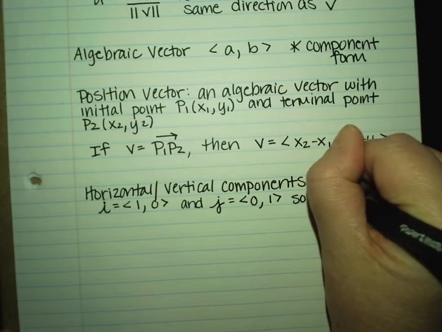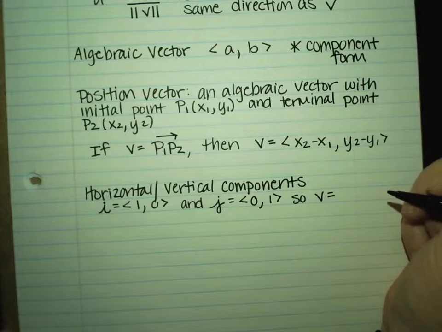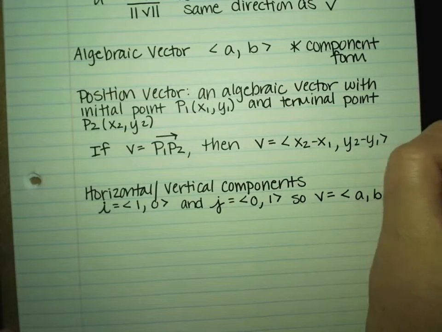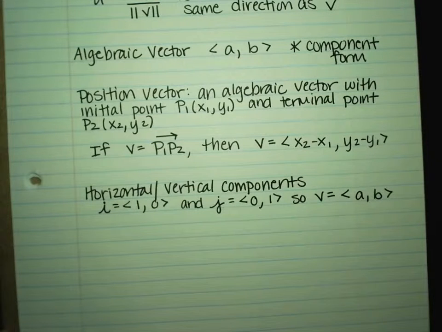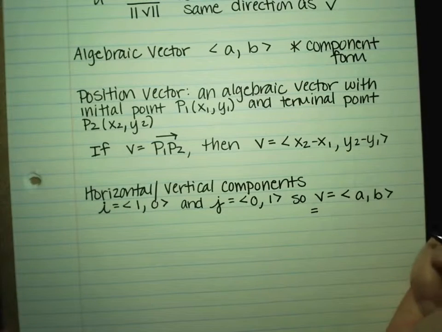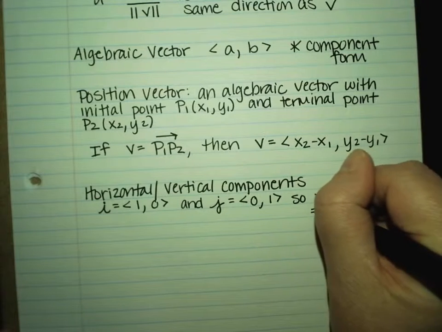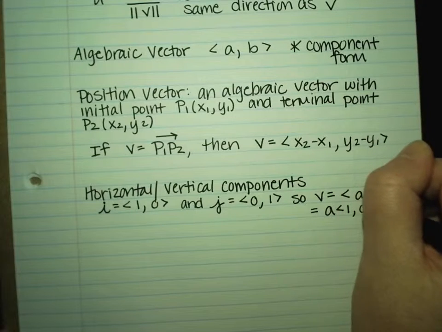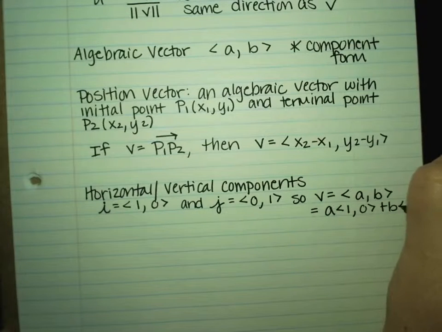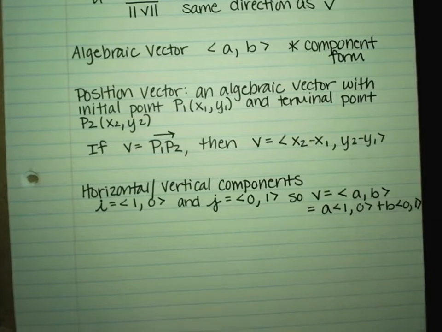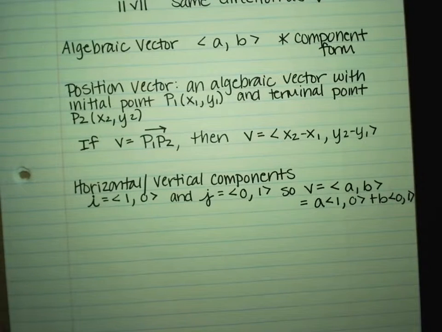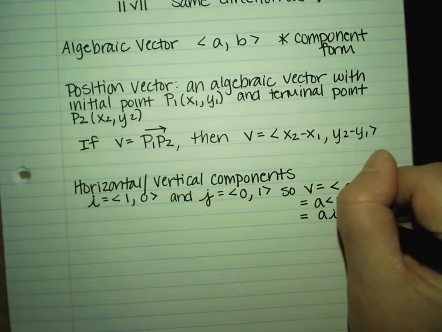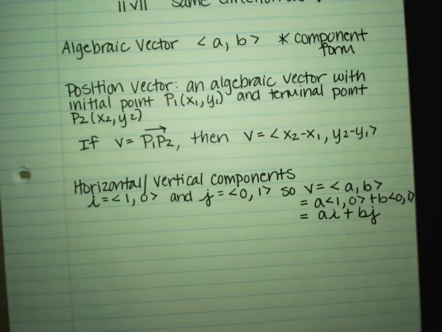So V is equal to A times 1, 0 plus B times 0, 1. So that this is equal to AI plus BJ.